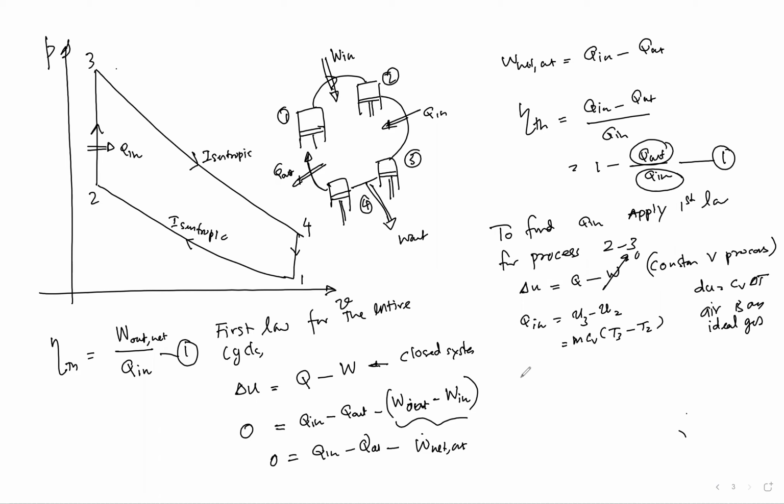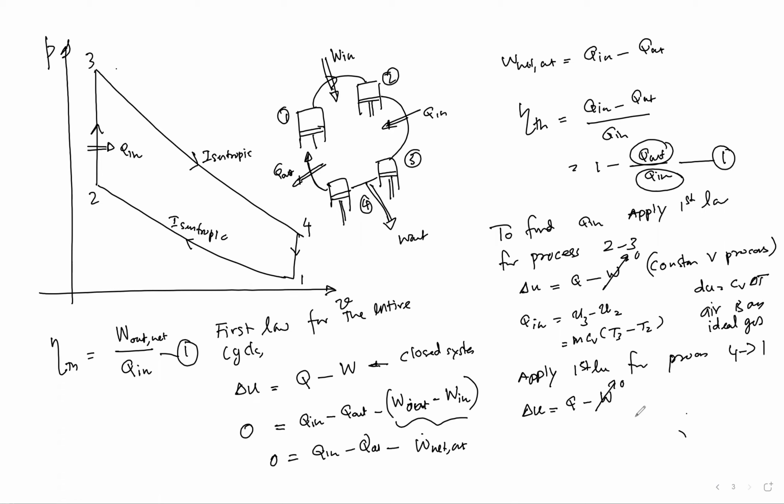Likewise, I can apply the first law for process 4 to 1, where I can find the heat out. So delta U equals Q minus W, W again 0, same reason, constant volume process.